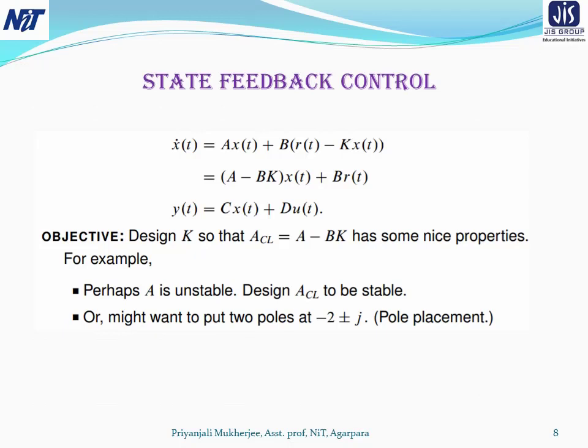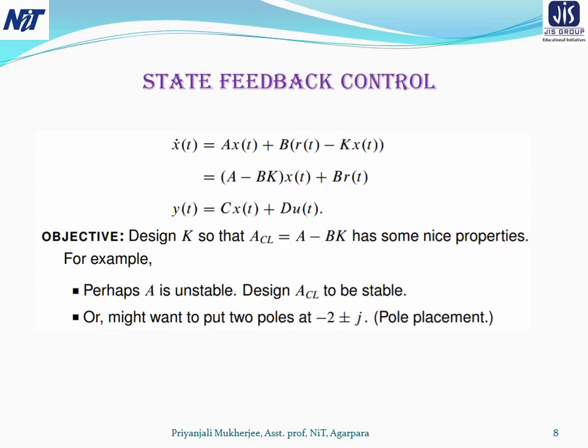Now the equation x dot(t) = Ax(t) + Bu(t), with u(t) replaced by r(t) - Kx(t), can be written as x dot(t) = (A - BK)x(t) + Br(t). But the y equation remains the same, y(t) = Cx(t) + Du(t).